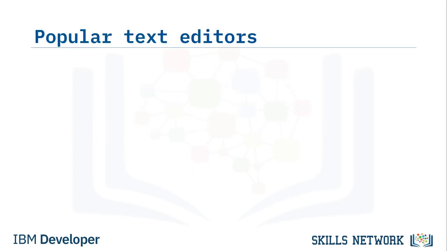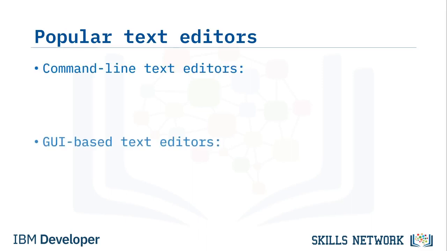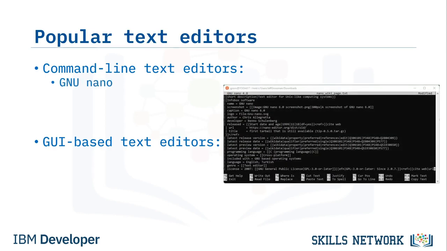You use text editors to write code in your Linux environment. There are many editors to choose from, and they can be grouped into two main categories: command line text editors and GUI text editors. Examples of command line text editors are GNU Nano, a small and friendly modeless text editor, VI, a traditional command line editor originally created for Unix, and Vim, a powerful mode-based command line editor based on VI.